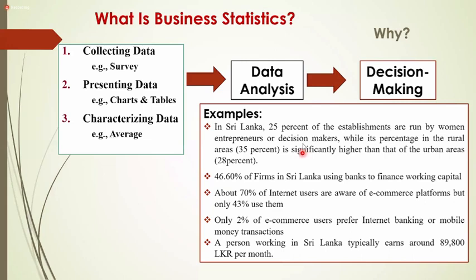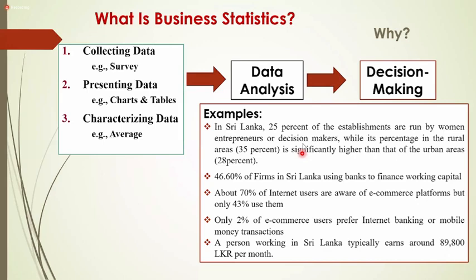So when we look at Sri Lanka, we found that 25% of the establishments are run by women overall in the country. But when we take the entrepreneurs region-wise, that means rural or urban, comparing to the urban, in the rural area there is a huge difference: 35% in the rural and 28% in the urban area.